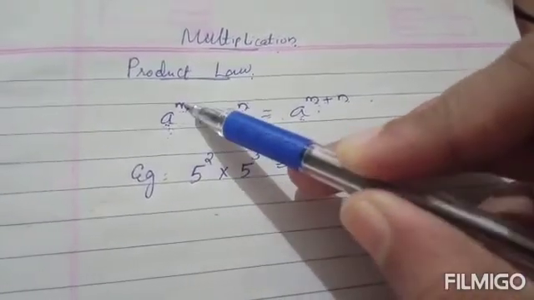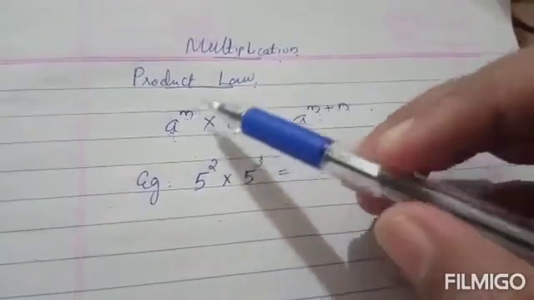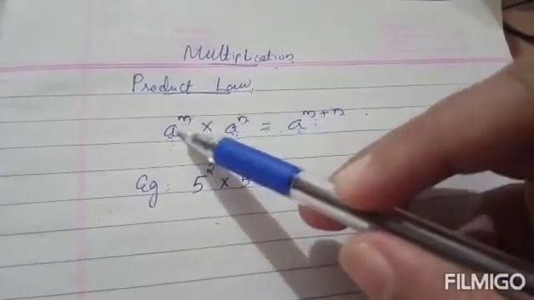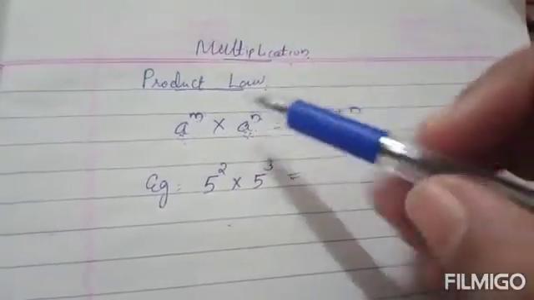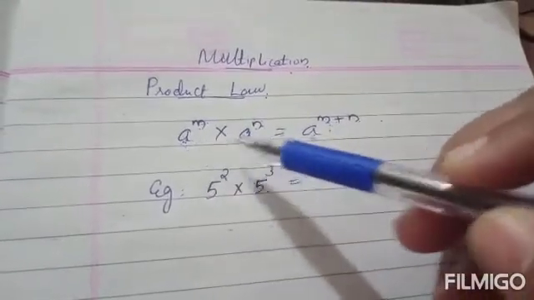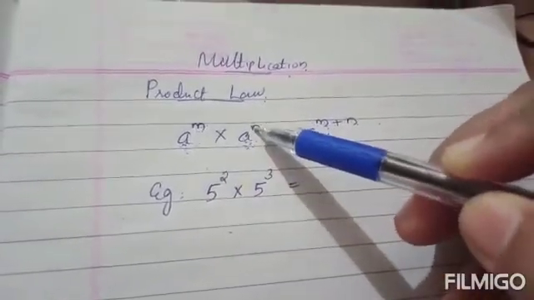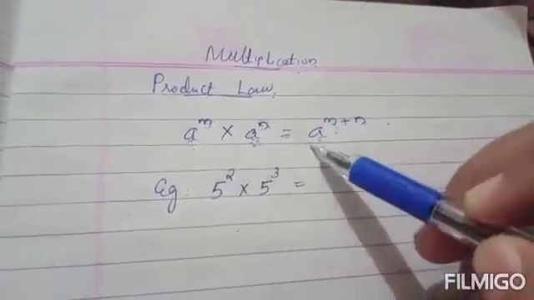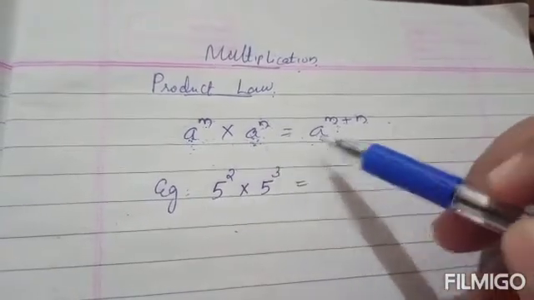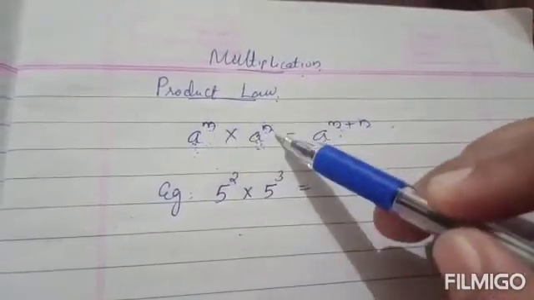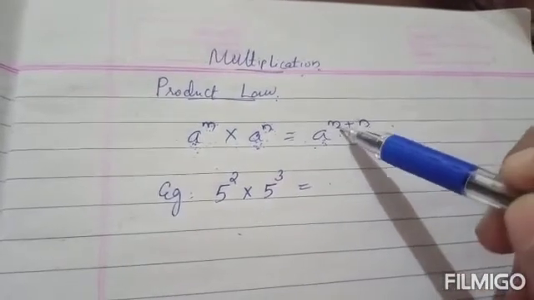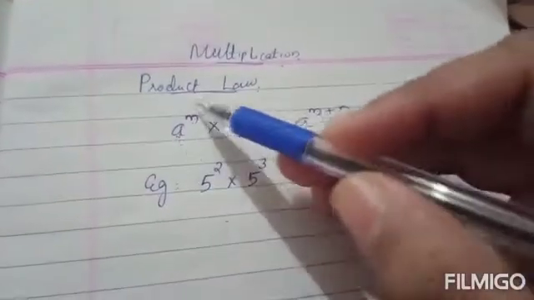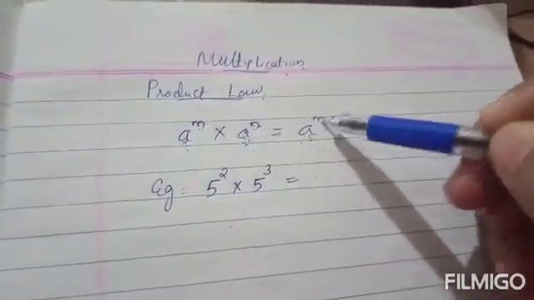This is called the base, this is called the power. The base is the same but the powers are different and we are multiplying. In such cases you write the same base, but the powers are added, that is m plus n.